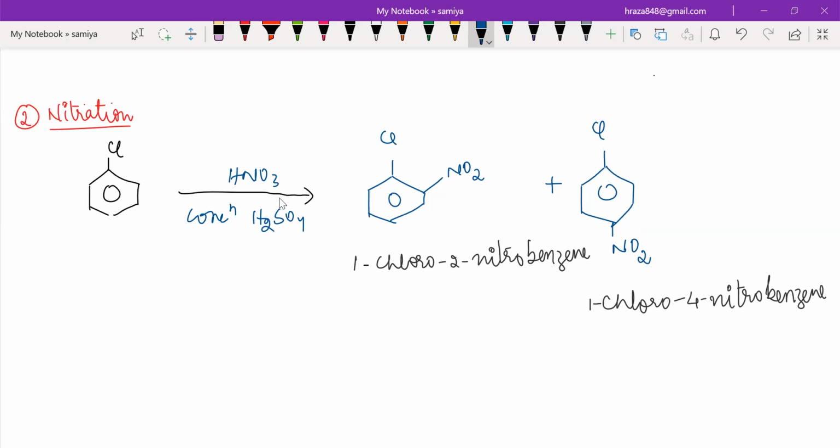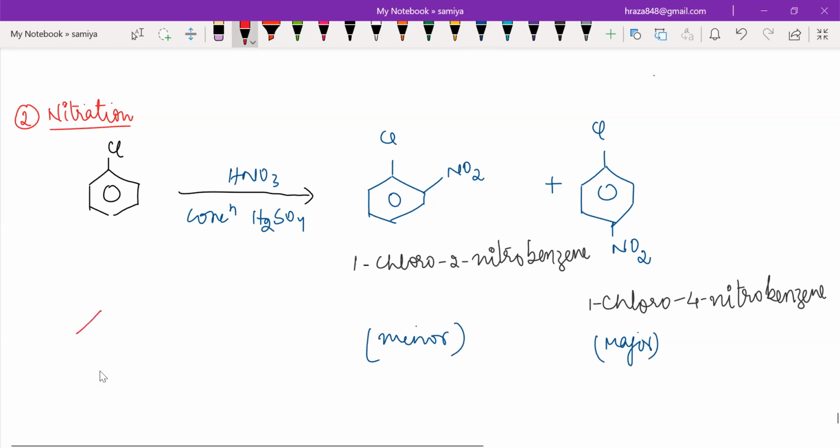Sir, the second one is major, 1-chloro-4-nitrobenzene. Yes. This will be major and this is minor. And both of you also know that the product at meta is not possible, right? This is not possible.